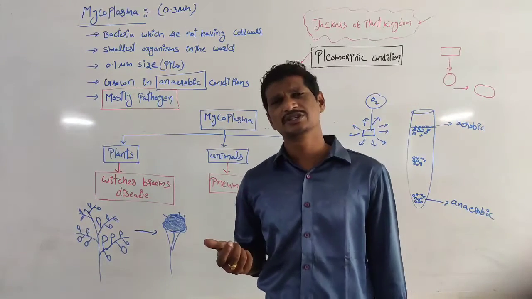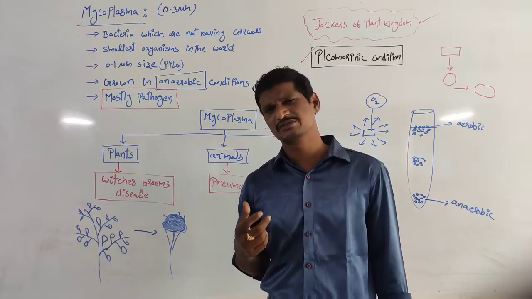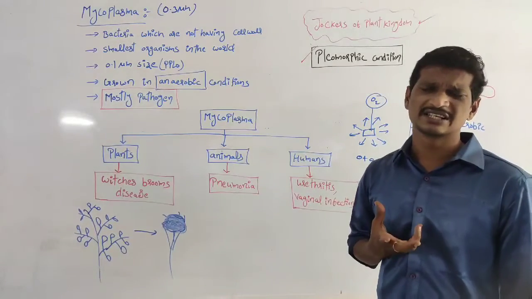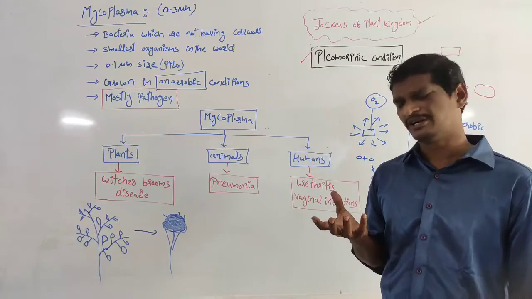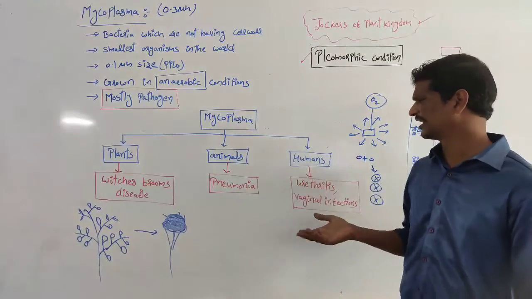Within human beings, Pneumococcus bacteria and Mycobacterium tuberculosis also cause pneumonia disease, where the fluid-like substance is accumulated within the lungs and mainly prevents the exchange of gases. Right? That is about the plants and the animals.